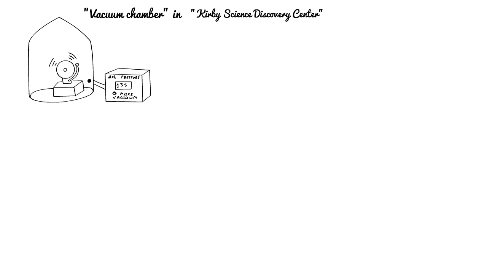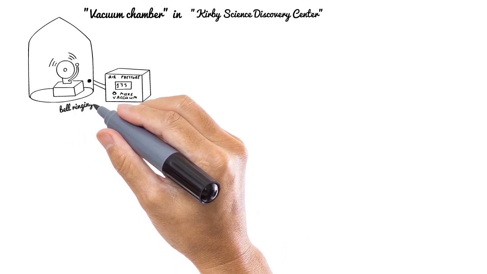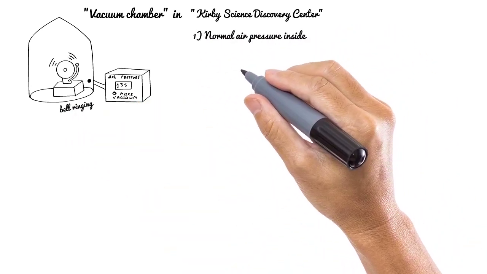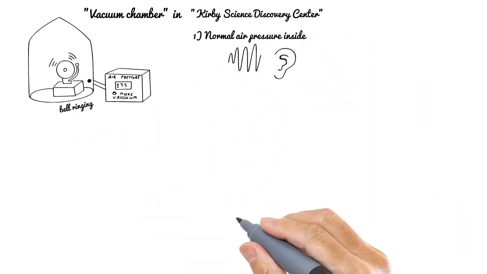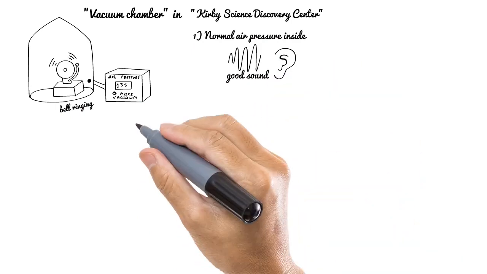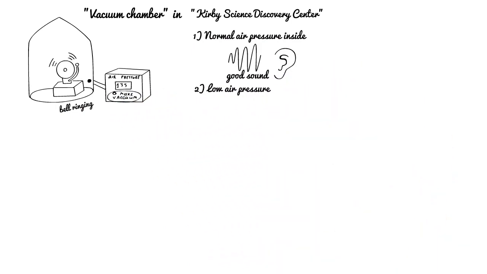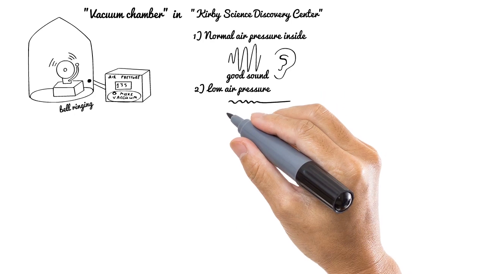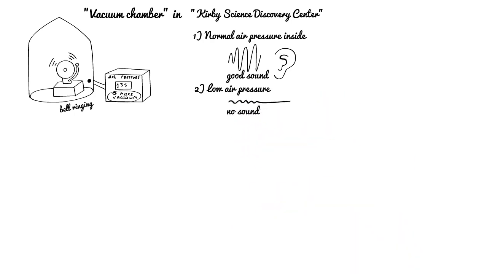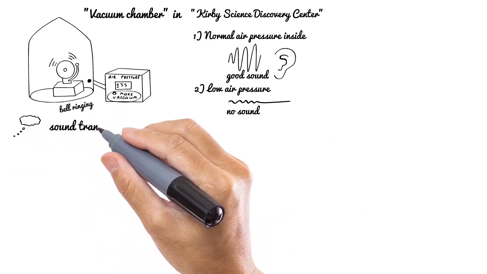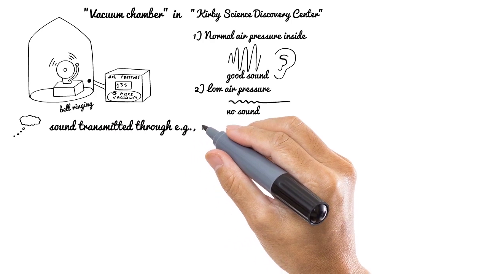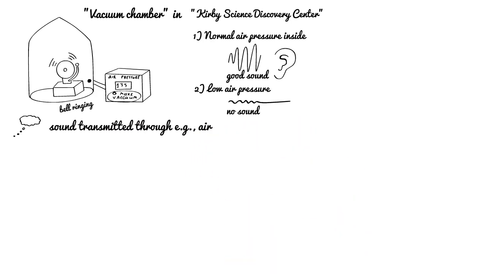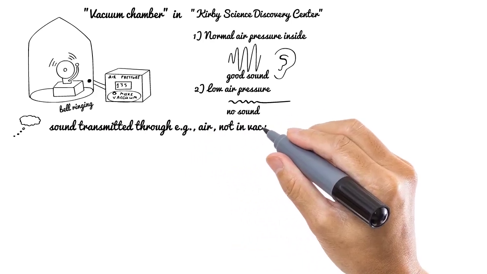Inside this bulb, among other things, there was a bell constantly ringing when needed, and you could clearly hear this sound initially. While the air pressure was dropping, the sound was gradually disappearing while the bell was still moving, meaning potentially generating a ringing sound. One of the ideas of such a device is to show that sound can be transmitted only in a certain medium, like air for example, and there is no possibility to transmit sound in a vacuum.